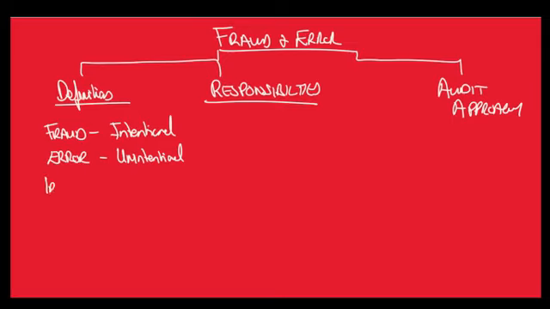And then finally, let's just make clear what an irregularity is. An irregularity is again intentional. And it's an intentional misstatement to mislead users.